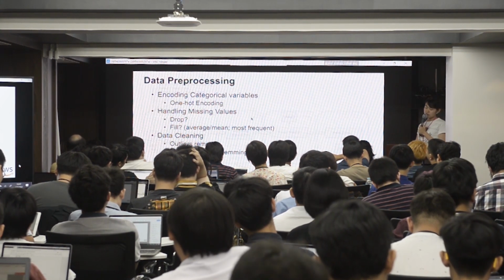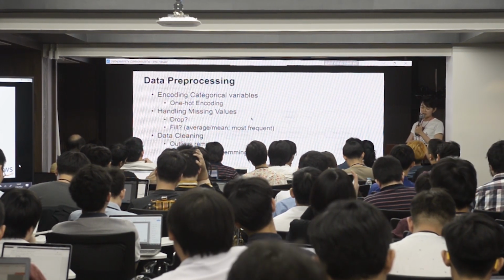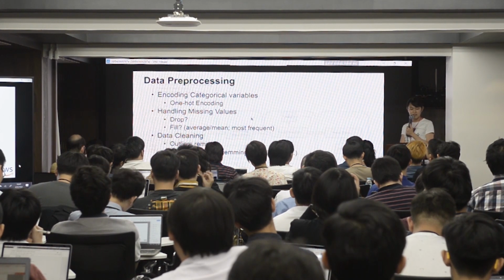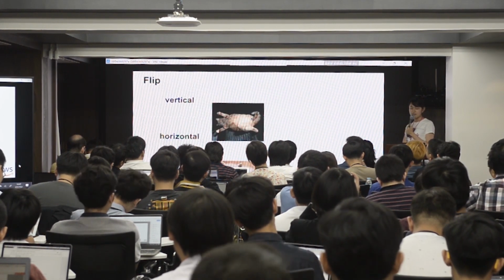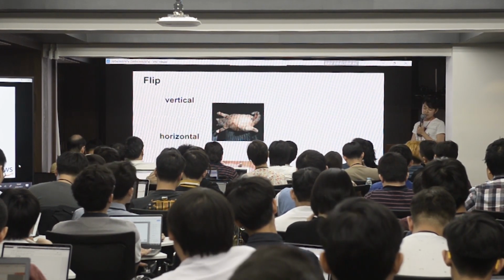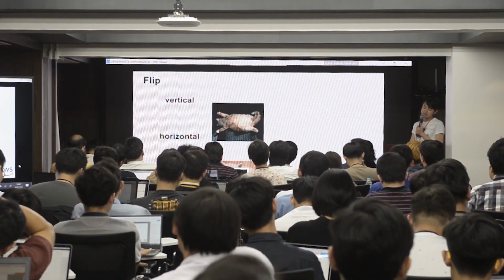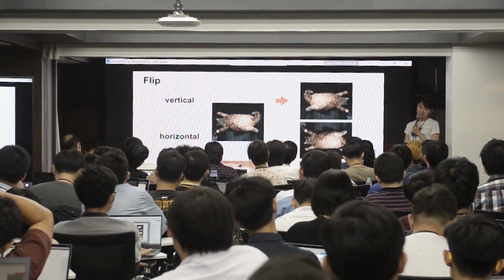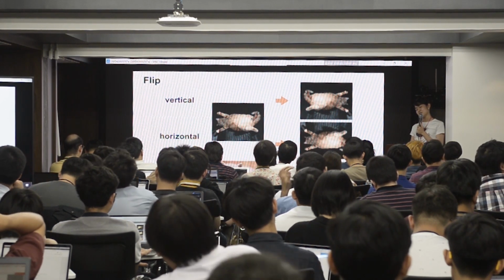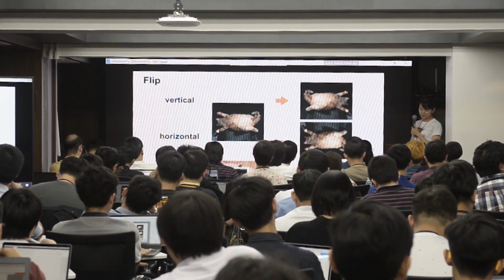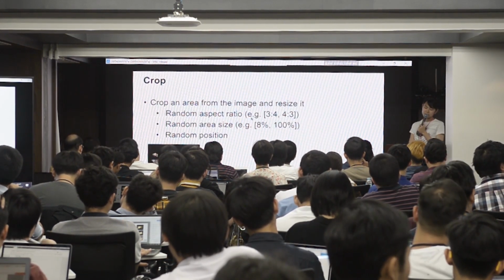And also for computer vision, you can do a lot more funny things I will show you later. So the first thing you can do is flip. So you have this cat. You can flip it vertically, horizontally, and we can still recognize it's a cat, right? What else can we do?